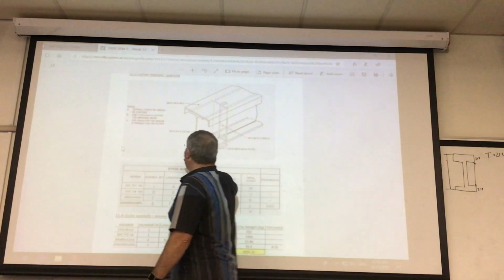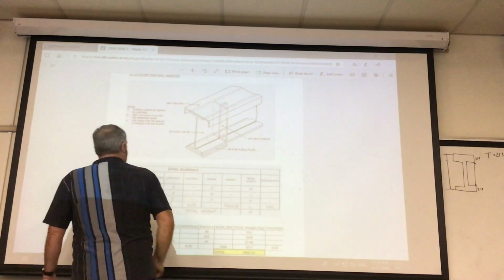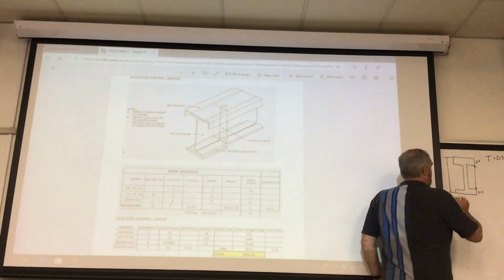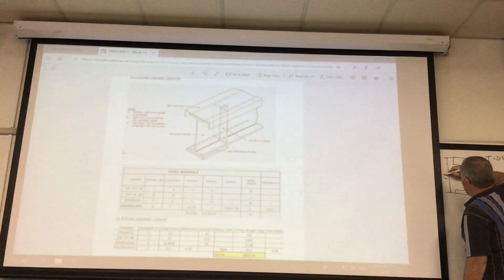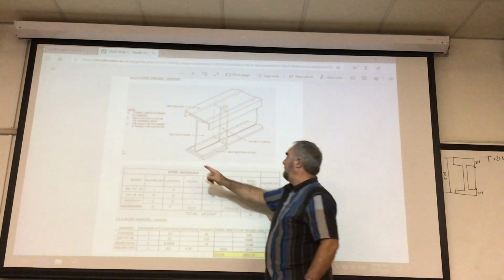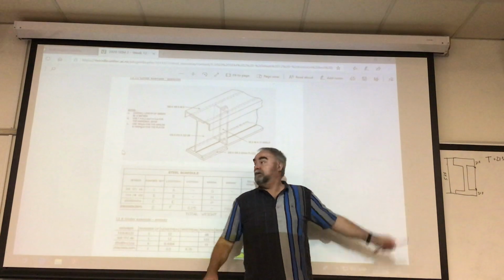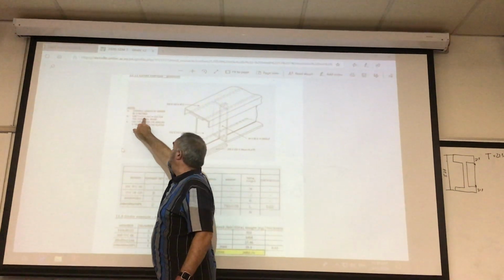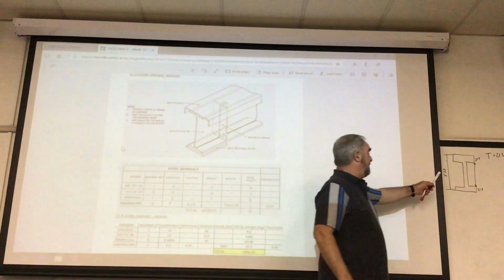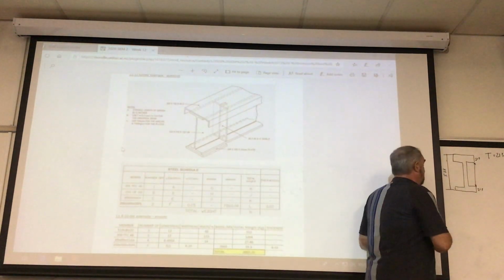And the overall height is that number there, 533. A little bit blurry, I can assure you it is 533. Now, that number there may change, and also big T may change, but the philosophy is very simple. 533 minus 21 minus 21.